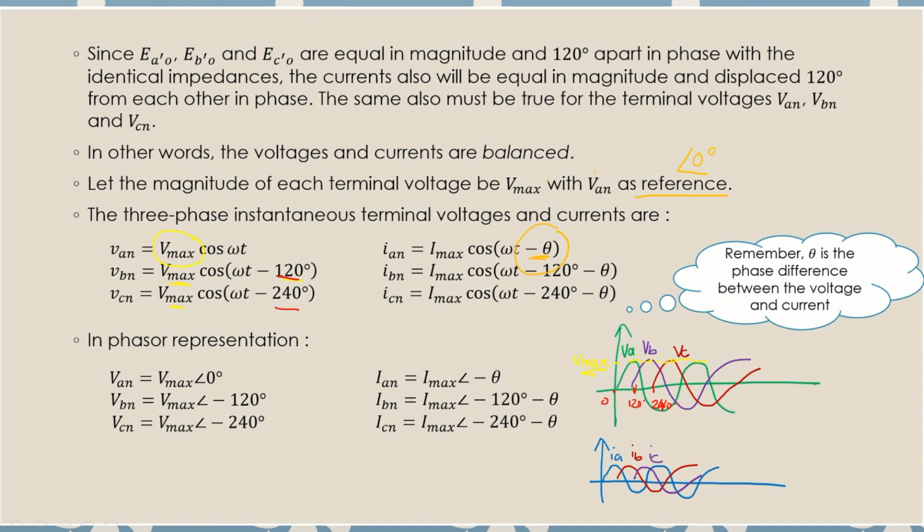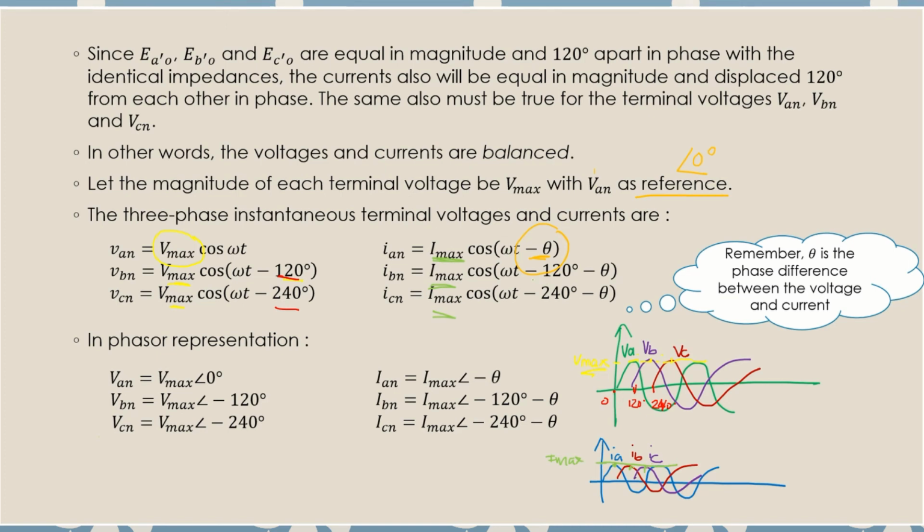You will see that clearer in the phasor diagram. Later I will show you. So now you see that the current also shares the same peak, I max. So IA, IB, IC also share the same I max.